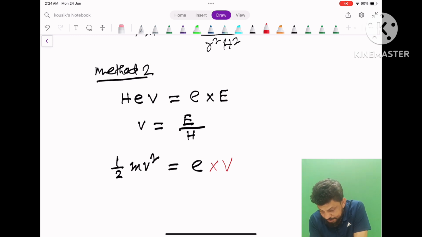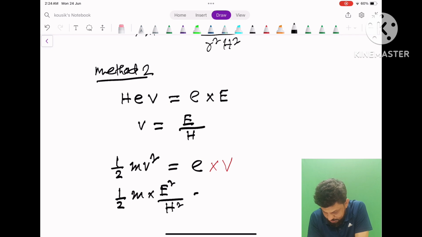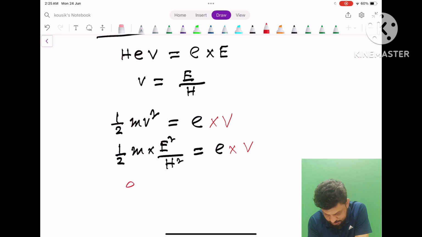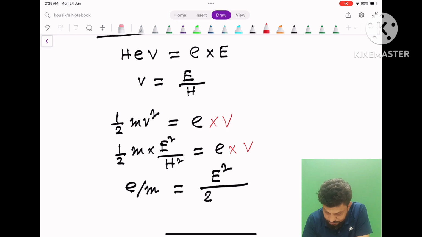Putting the value of E by H, half m multiply E square divided by H square equals e multiply V. From this, e divided by m equals E square divided by 2V H square.